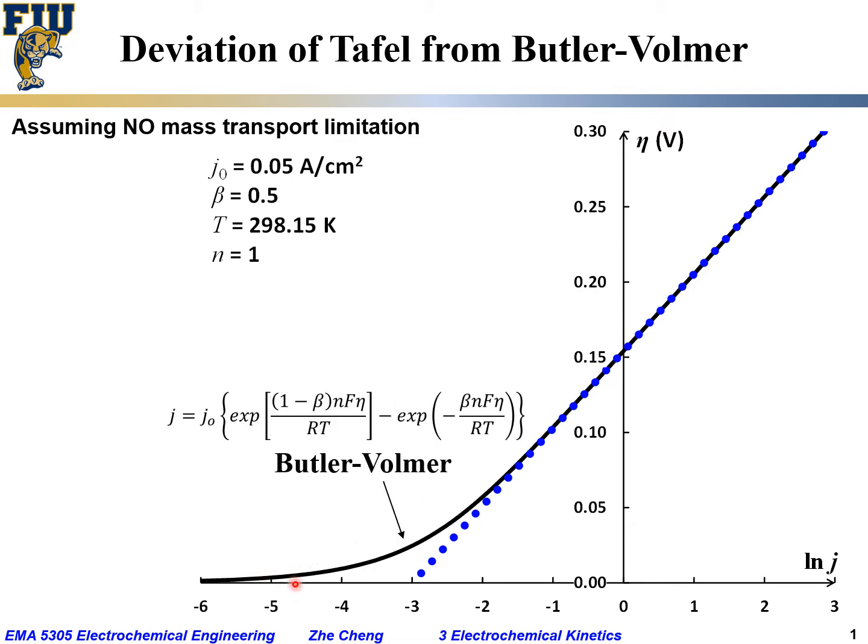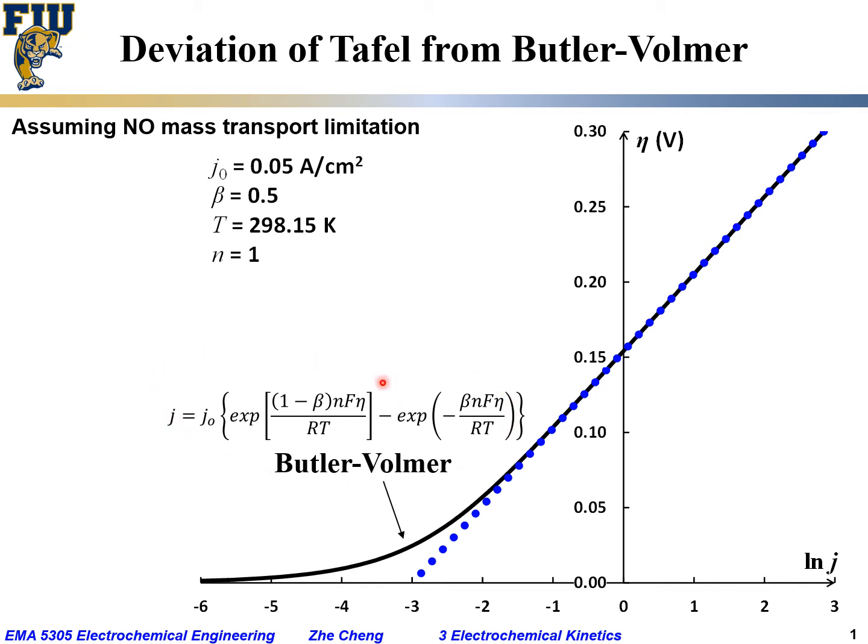Here, the black solid line will be the current-overpotential relationship plotted based on the Butler-Volmer equation. Here, the horizontal axis is the natural log of current density, and the vertical axis is the overpotential.